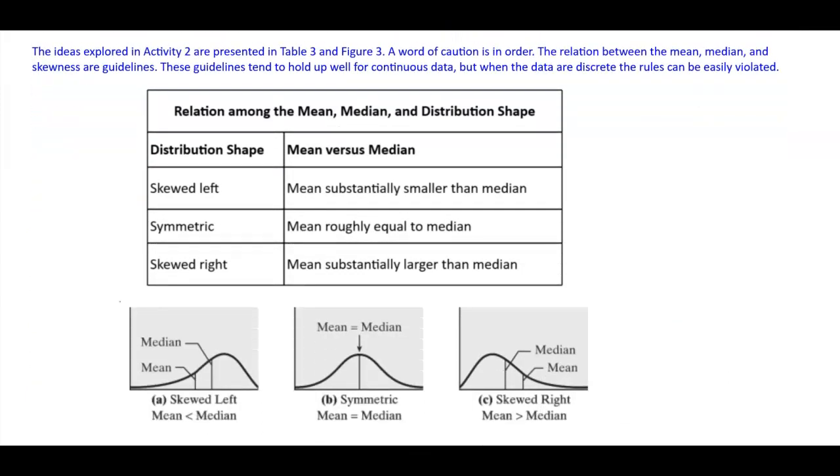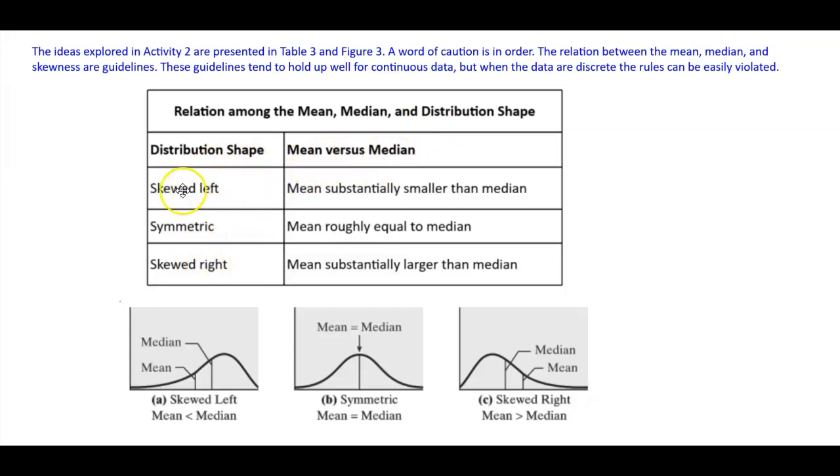A word of caution is in order. The relation between the mean, median, and skewness are guidelines. These guidelines tend to hold up well for continuous data, but when the data are discrete, the rules can be easily violated. So here's the relation among the mean, median, and distribution shape. The distribution shape is skewed left, symmetric, or skewed right.